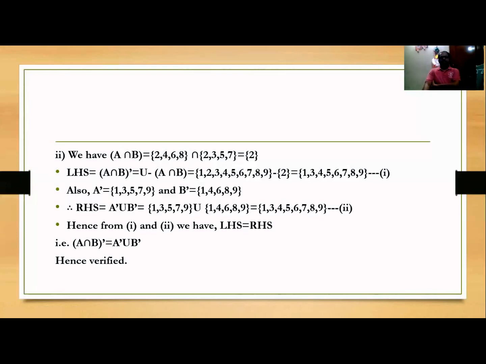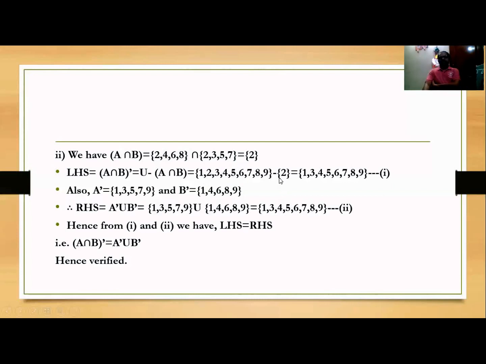So now to get the LHS, find its complement, because our left side is the complement of A intersection B. So again, complement is a set difference of two sets, that is the difference of A intersection B from U, that is U minus A intersection B. So U is 1 to 9, A intersection B we got is 2, so take the difference.